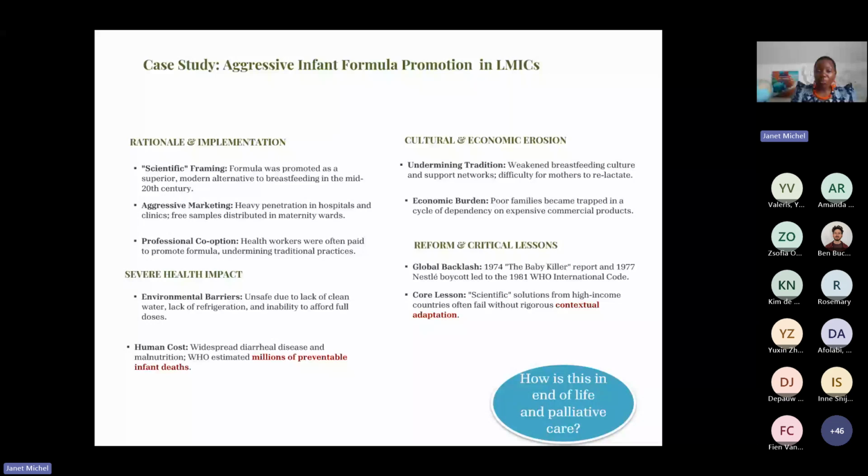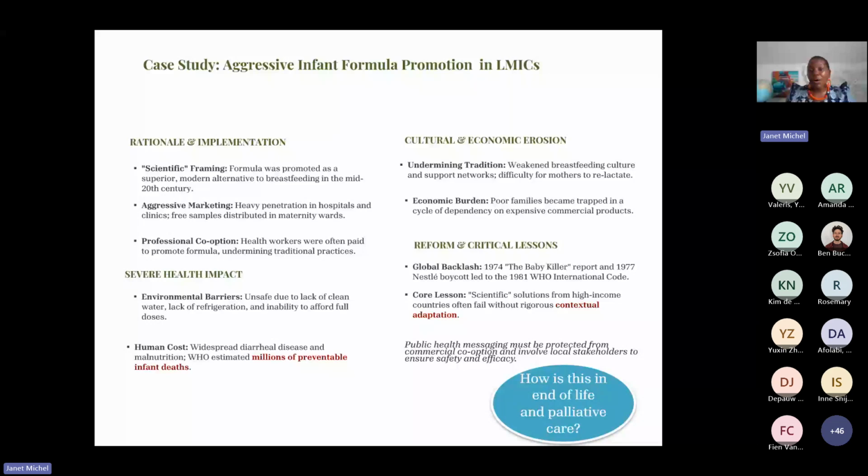What happened is it undermined local culture and traditions of breastfeeding, and it actually led to infant and child mortality due to diarrheal diseases and malnutrition. So the core lesson is, again, it's so important to consider the context, but also that public health messaging must be protected from commercial co-opting and involve the local stakeholders.